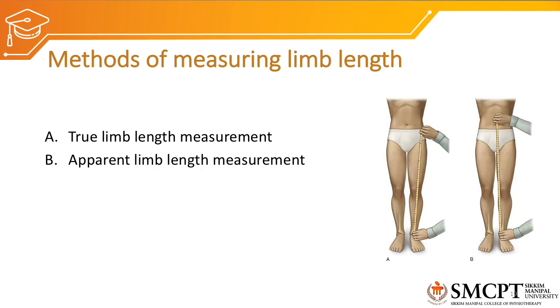As you can see in the picture here, the true limb length measurement is taken from the anterior superior iliac spine to the medial malleolus, whereas the apparent limb length measurement is taken from the umbilicus to the medial malleolus. So this is the basic difference between the true and apparent limb length measurements.